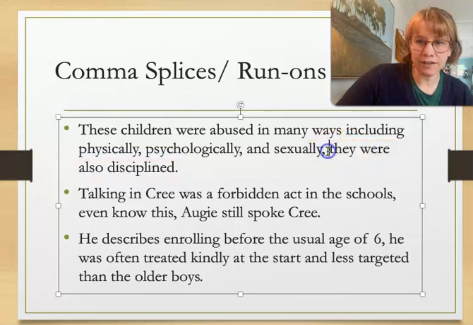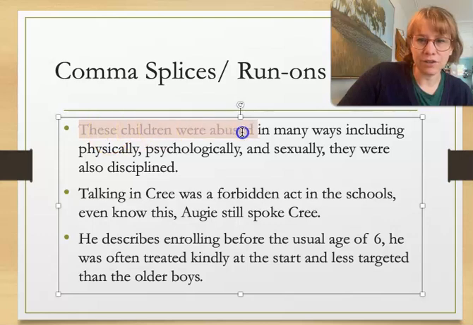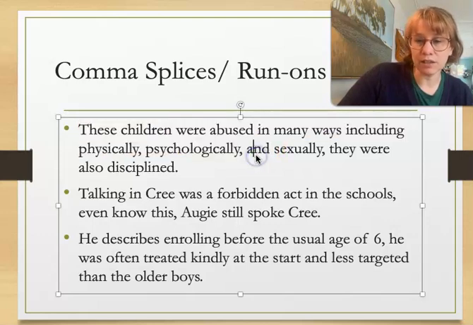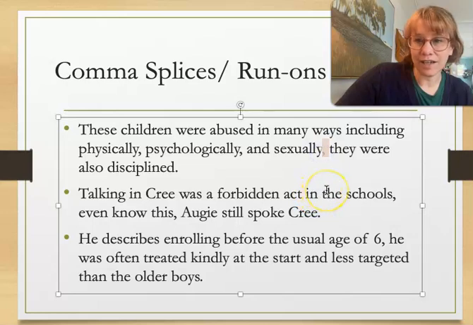You could also subordinate one half of the sentence. So again, you have options to fix the problem, but it's important to recognize that they were also disciplined. That's a sentence. And then these children were abused is also a sentence. So you have two main clauses, or two sentences, incorrectly joined right here with a comma.